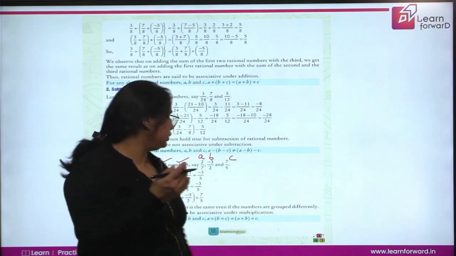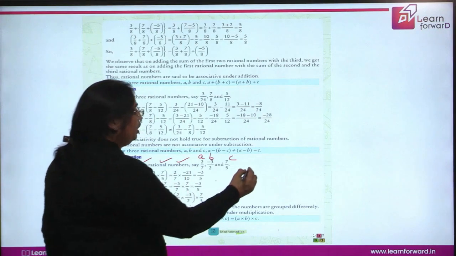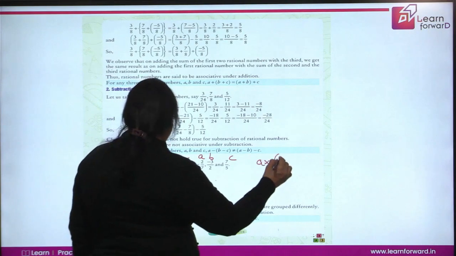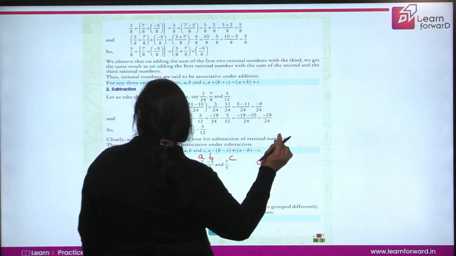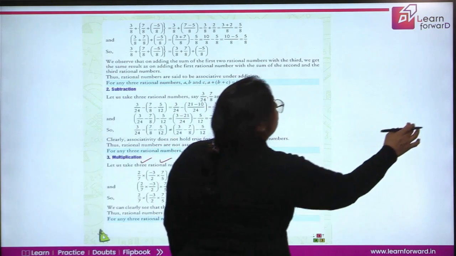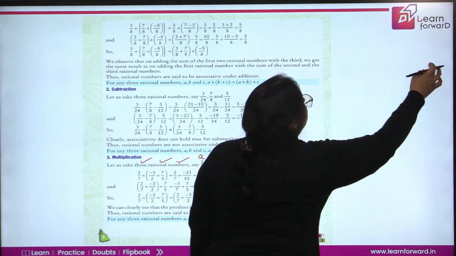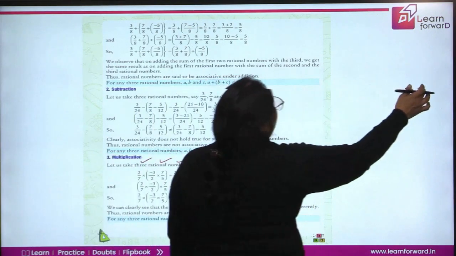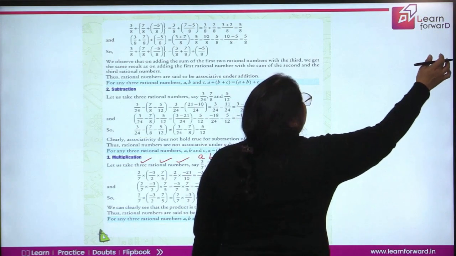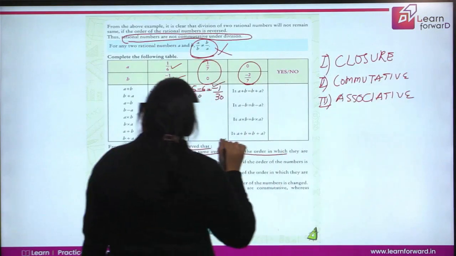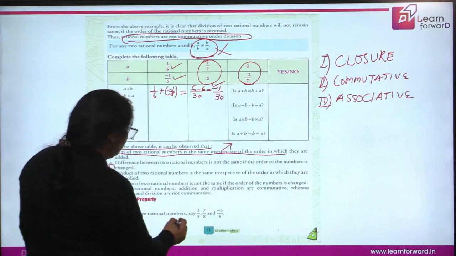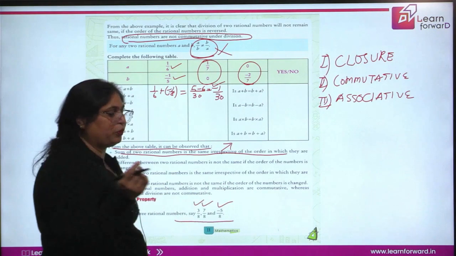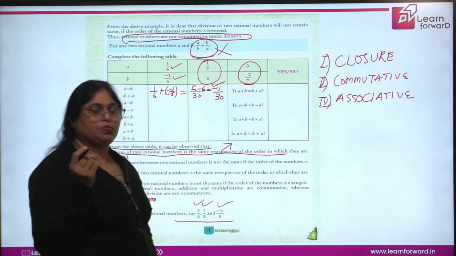Addition of rational numbers. Here I have taken A, B. We were talking about addition. Associative property, we are taking three examples: 3 upon 8, 7 upon 8, minus 5 upon 8.